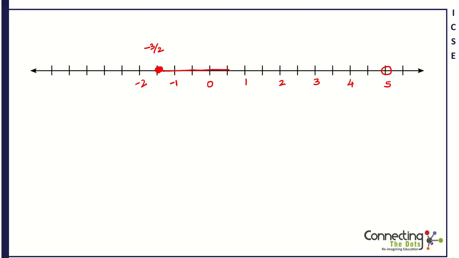Now I'm trying to draw a line as straight as possible, but you can use a scale to draw a nice line, and that becomes the solution set on the number line representing these numbers. So 5 is not included, negative 3 by 2 is included in the solution. So this is the answer for this question.